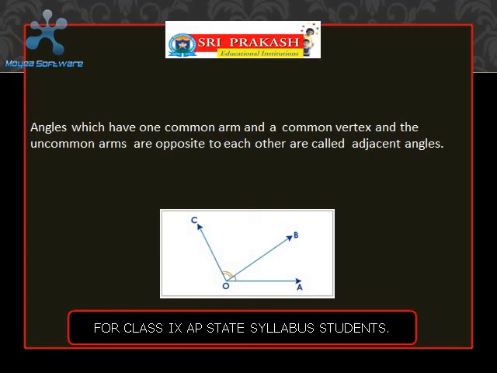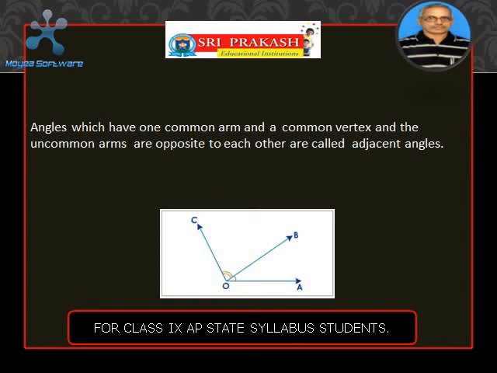Look, in the picture, angle AOB and angle COB are called adjacent angles. These two angles have one common arm. What is it? OB.